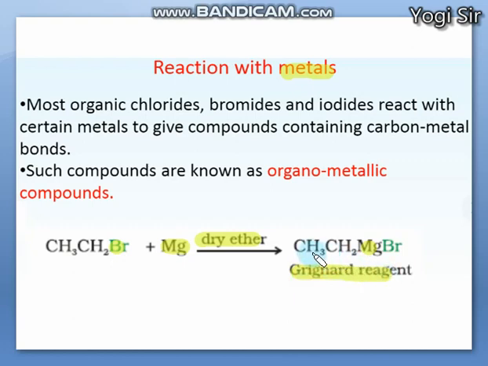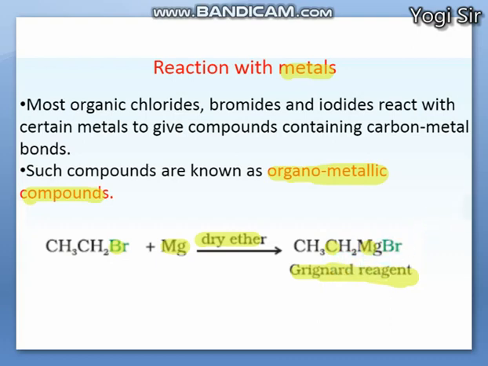Here the compound is ethyl magnesium bromide. It is one of the important Grignard reagents, right? They are also named organometallic compounds, as there is a linkage between carbon and metal. We'll study that in detail in the next session, right?